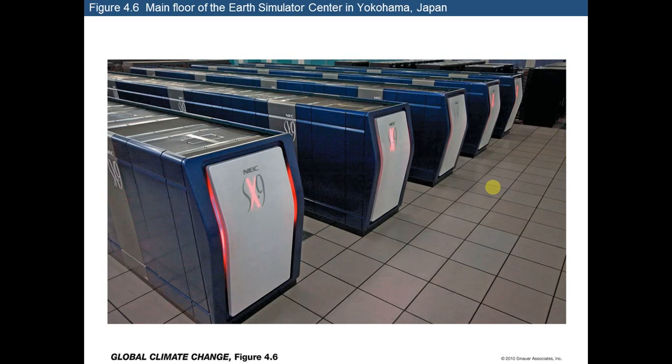The Earth Simulator Center, a global climate model in Yokohama, Japan, has 160 processor nodes. And so these are parts of the supercomputer, okay? These supercomputers are extremely large. They're the size of rooms, even floors. This is just the main floor of the Earth Simulator Center there in Japan. And kind of interesting, really interesting what these look like.